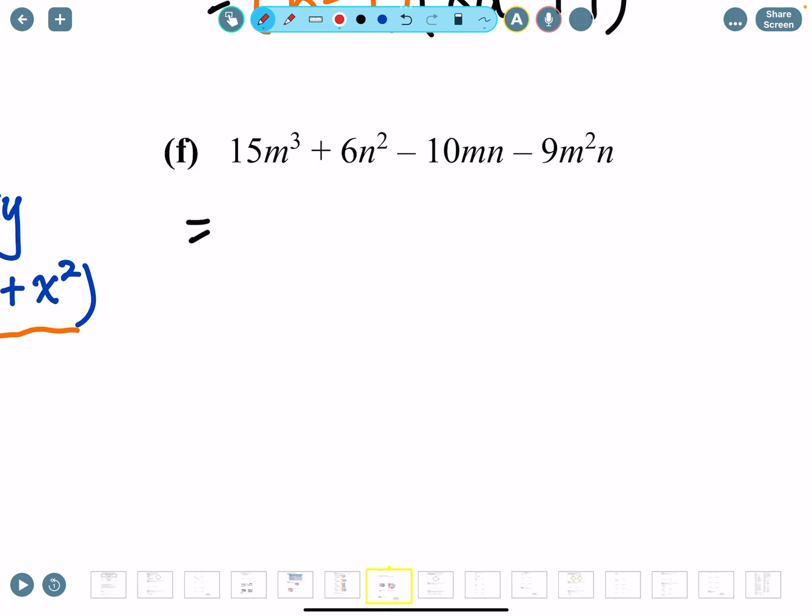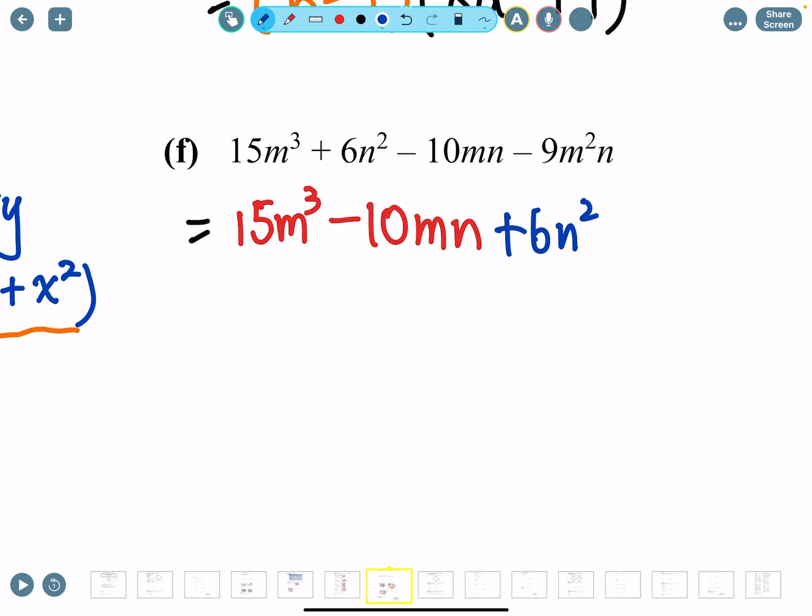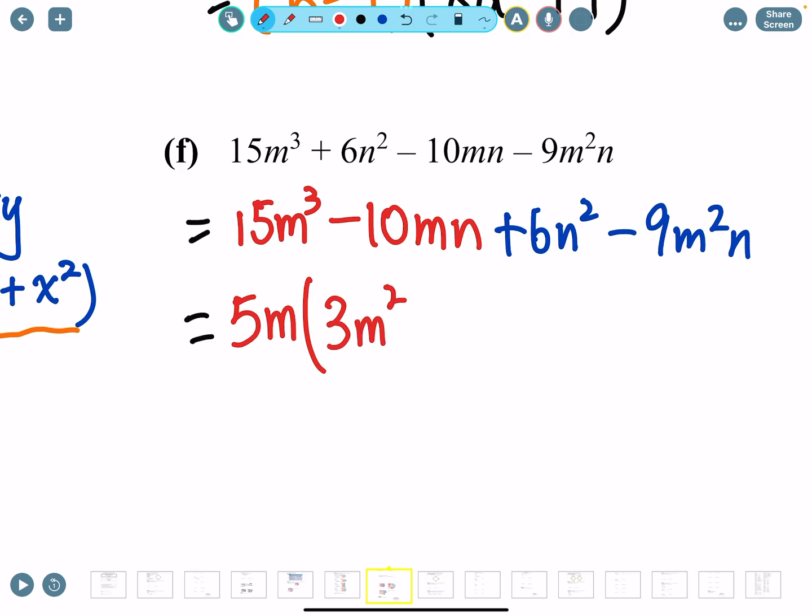All right, for this one, I'm going to group up 15m cubed and negative 10mn. Then 6n squared will group up with negative 9m squared n. Why I do this is because 15 and 10 look alike. I mean, they're multiples of 5. So I can factorize 5 out. Both of them have an m, so might as well factorize the m as well. 15 divided by 5 is 3. m cubed, take one m out, it's m squared.